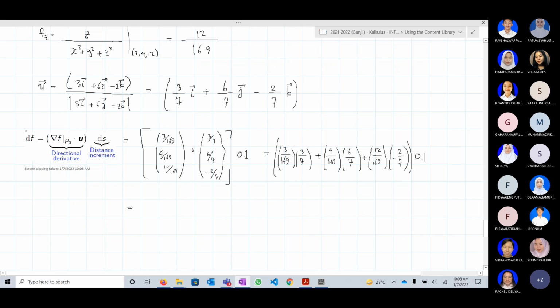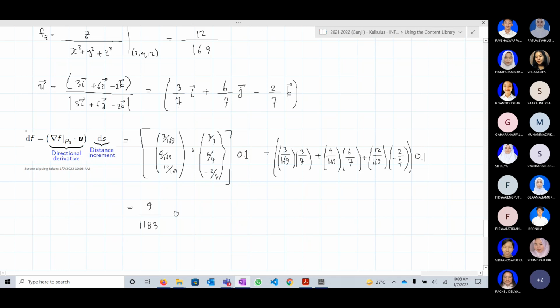Then we have here 9 plus 24, which is 33, minus 24, so 9. 9 over 169 times 7 is 1183.